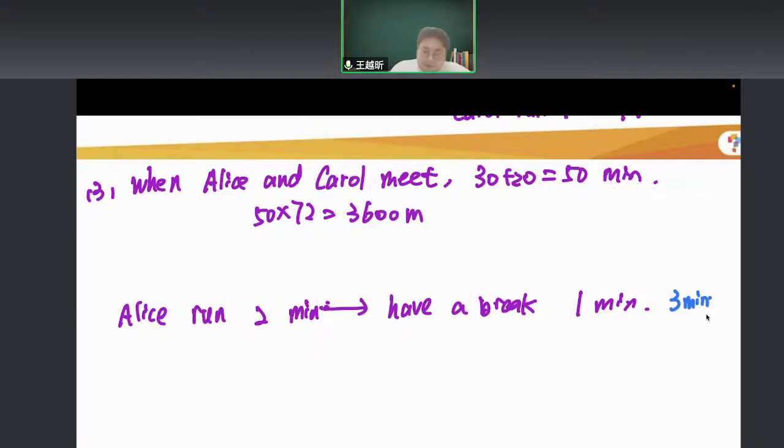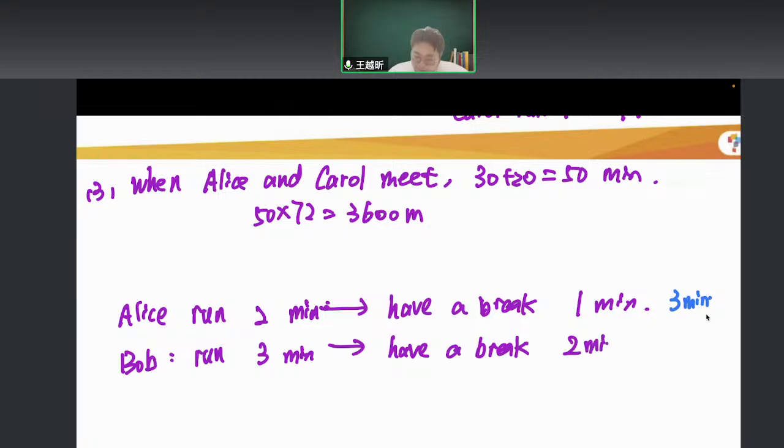Okay, so about Bob, he will run 3 minutes and have a break 2 minutes. So it will take 5 minutes as a period.